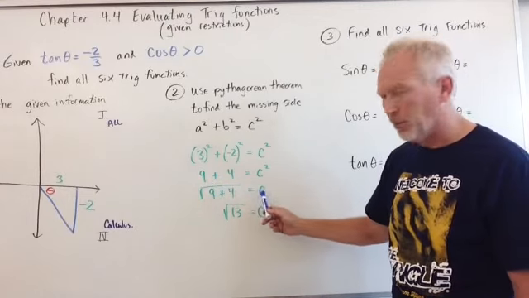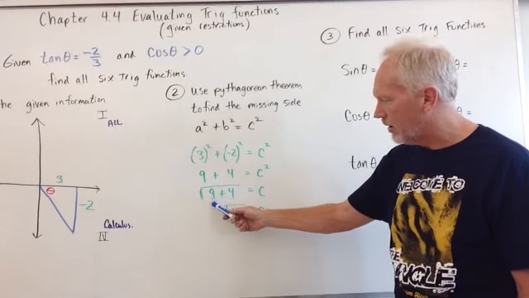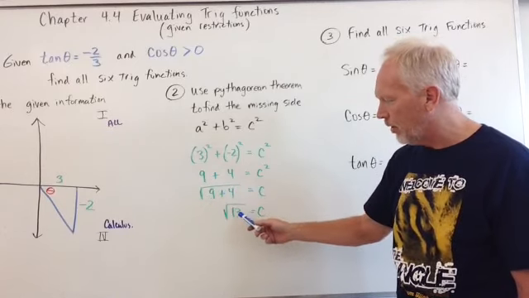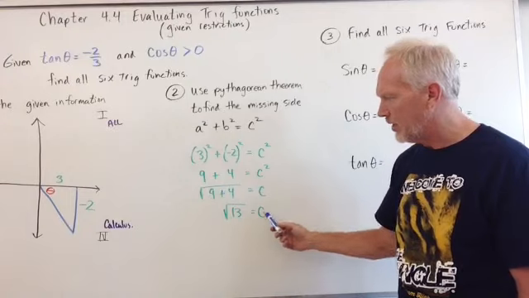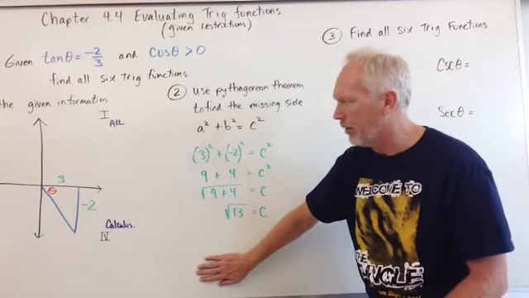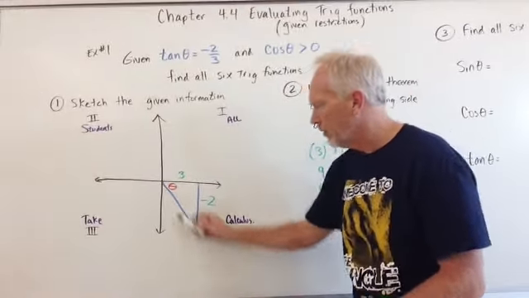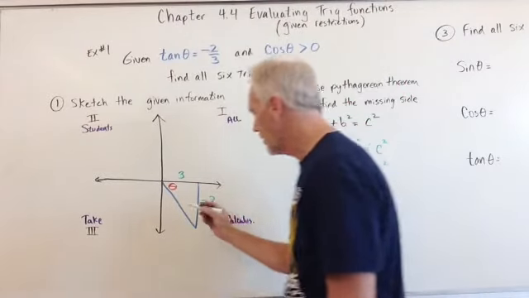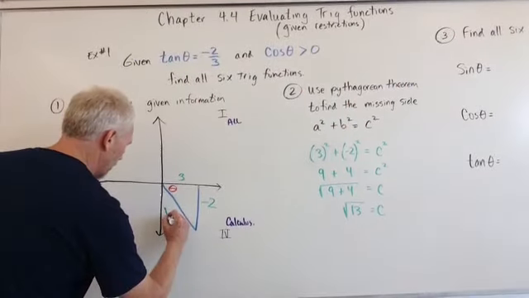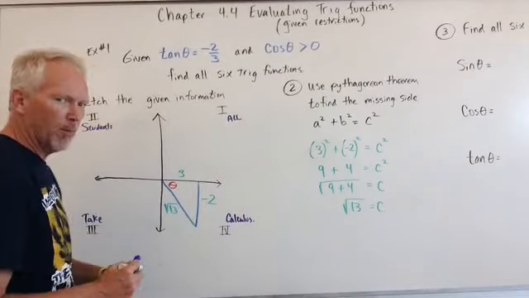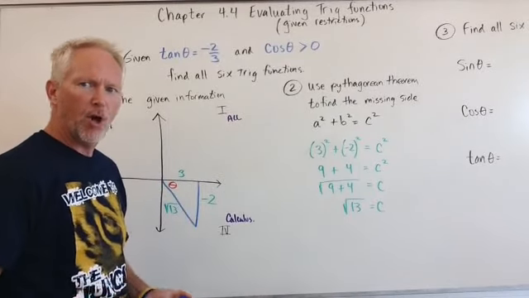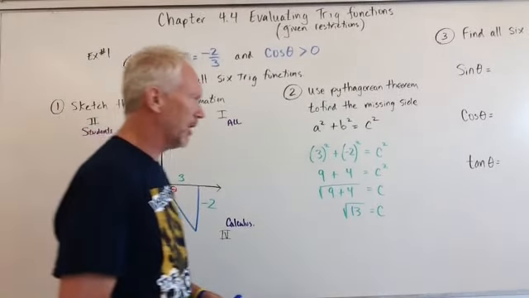We take the principal root of both sides, and 9 plus 4 is 13, so we get the square root of 13. So we now know that our hypotenuse is the square root of 13. Remember, the hypotenuse is always positive, so we make sure we keep that intact.